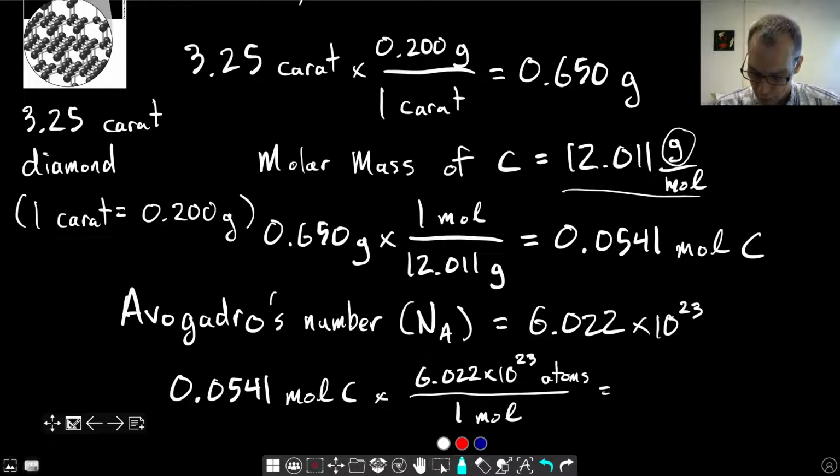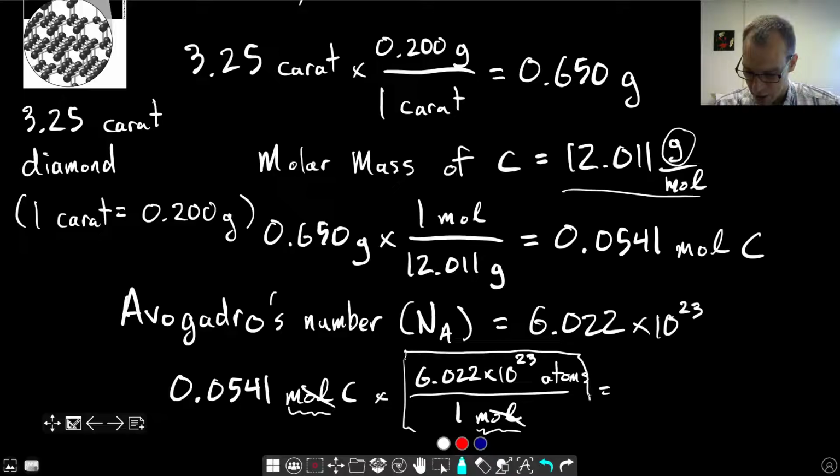Well, I know that moles needs to go in the denominator because moles is here, and I need these to cancel out. And this fraction here, we could flip it around and have atoms on the bottom and moles on the top if we need to go the other way around. So this is, again, another sort of unit conversion. We are just converting from moles to atoms using this known equivalence: 6.022 times 10 to the 23 atoms is a mole. Those are equivalent quantities.